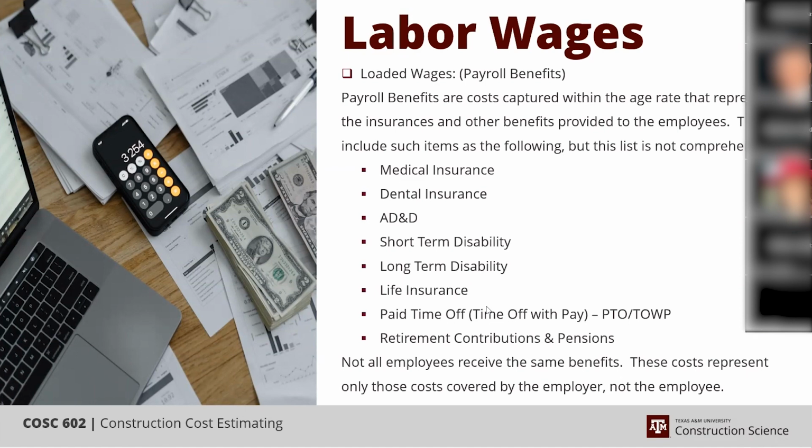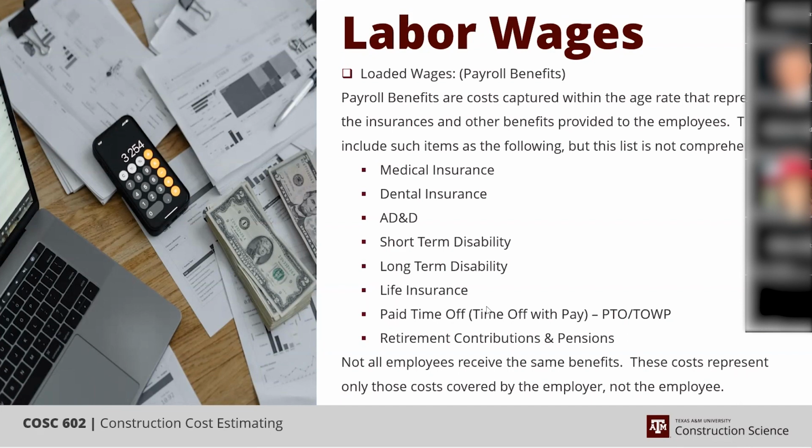So the craft aren't necessarily getting all of that. They're charging for what the craft get today plus what they should have kept for the craft in the past. So it's an odd thing, but the union markups are incredible these days.